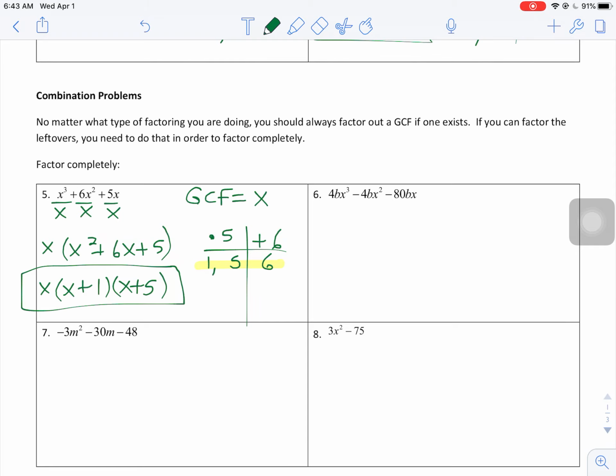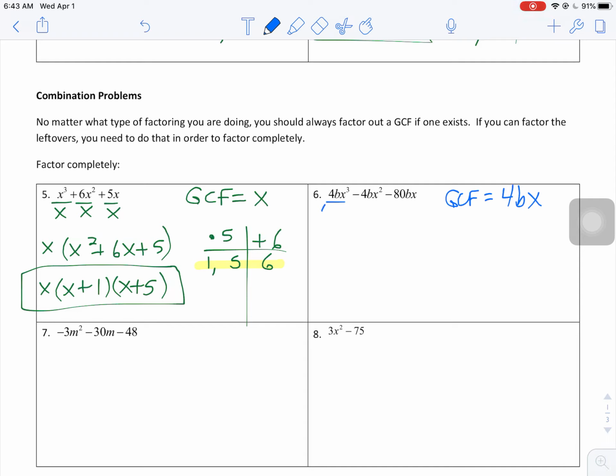So on 6, the greatest common factor, let's see if we have one. So all of those coefficients, the 4, the -4, and the -80, all of those numbers are divisible by 4. All of those terms have a b in them, and then all of those terms have at least an x in them.